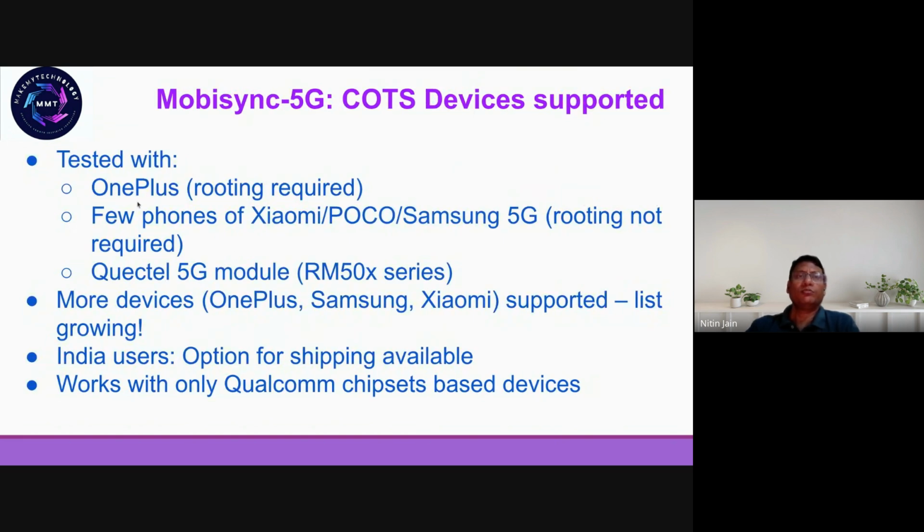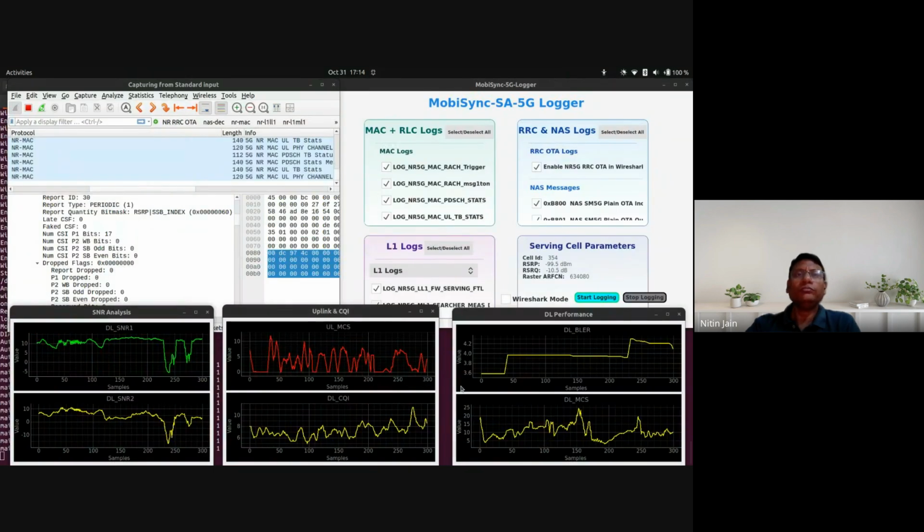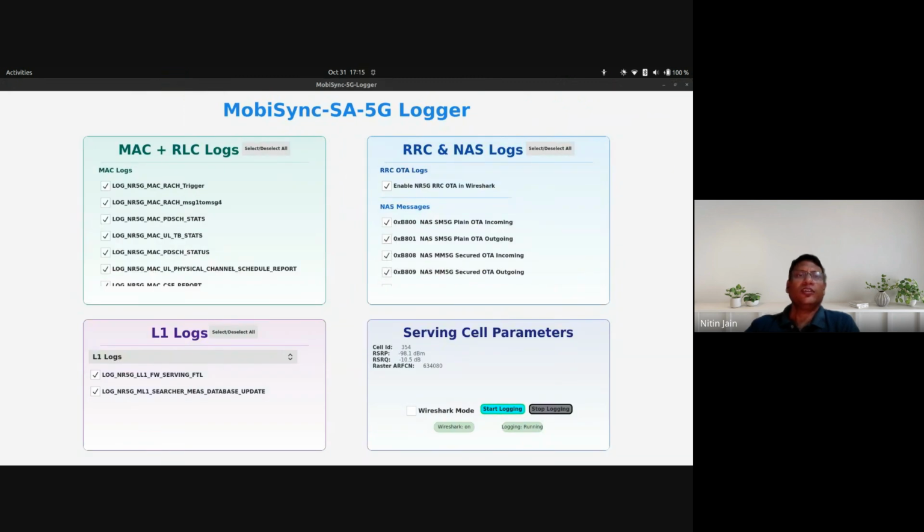Yeah, some of these devices I already mentioned. The one important thing which I need to tell you is that it works only with Qualcomm chipset-based devices. So these are some of the screenshots. These are some of the logs which you can configure, or you can configure selected ones, or you can configure all together.